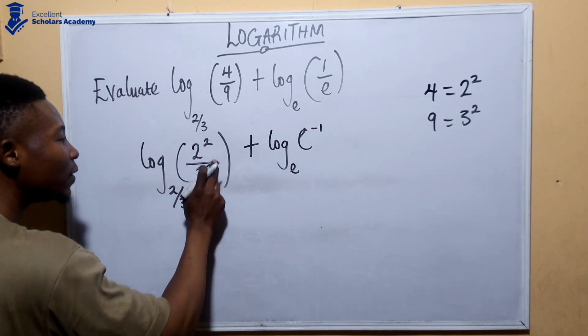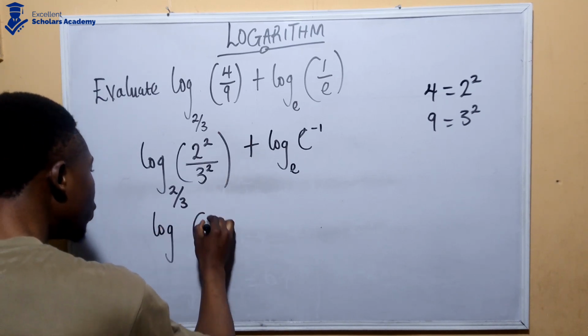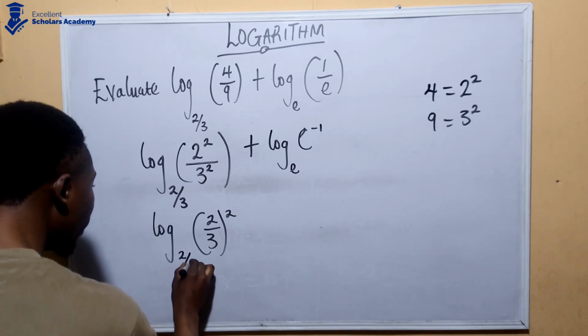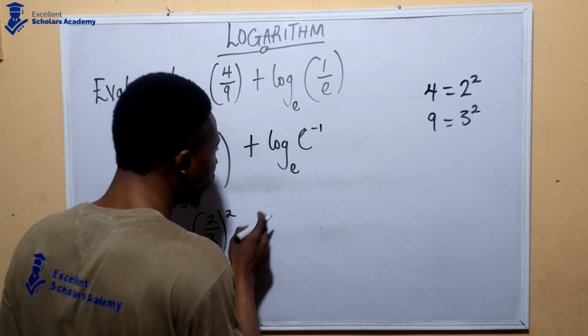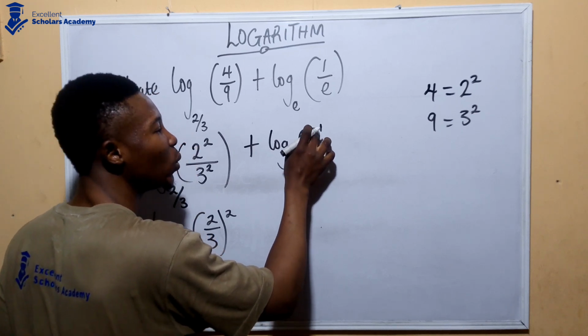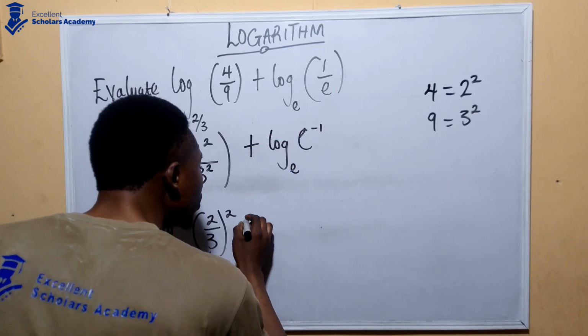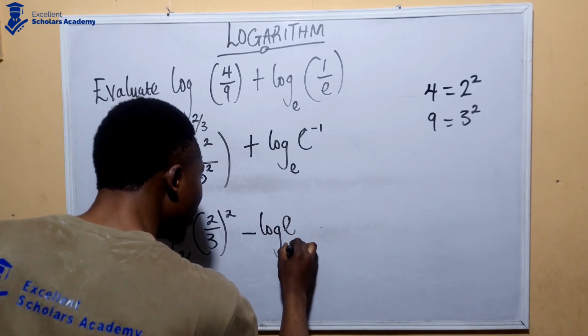Now these have similar power, so you can bring them out. This becomes log 2 over 3 to the power of 2 base 2 over 3 plus, now before we do that, let's take minus 1 down here because the power of this can come behind. So it no longer becomes plus, it becomes minus log e base e.